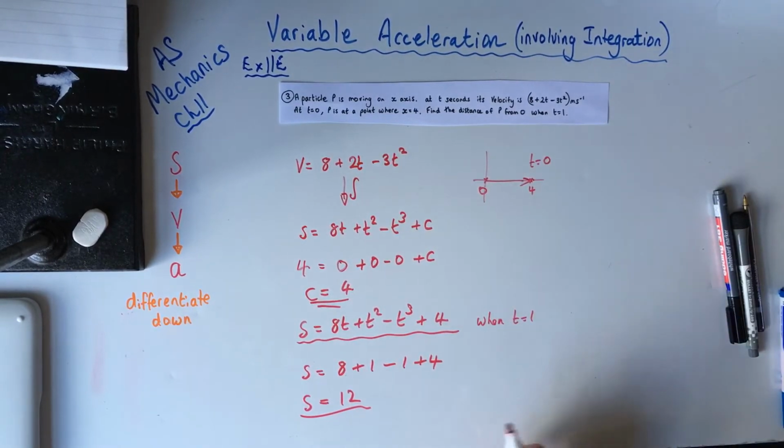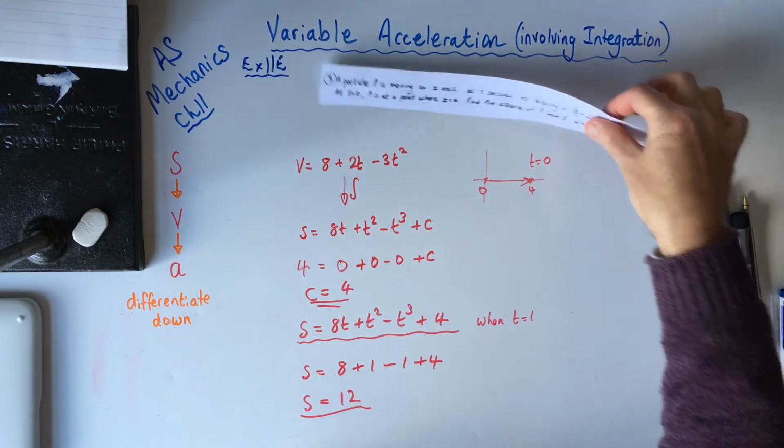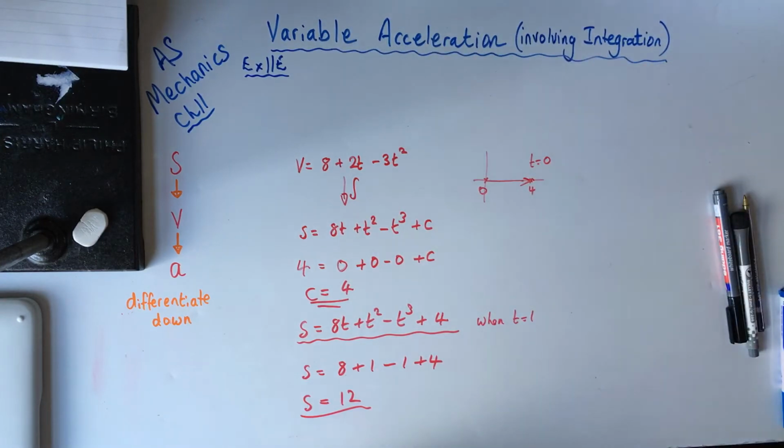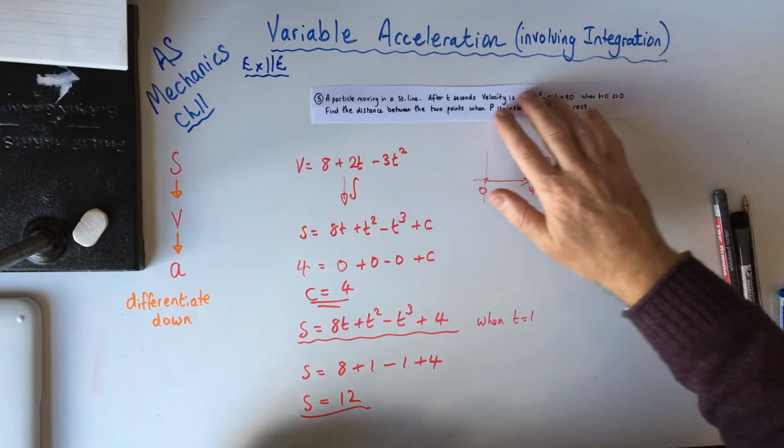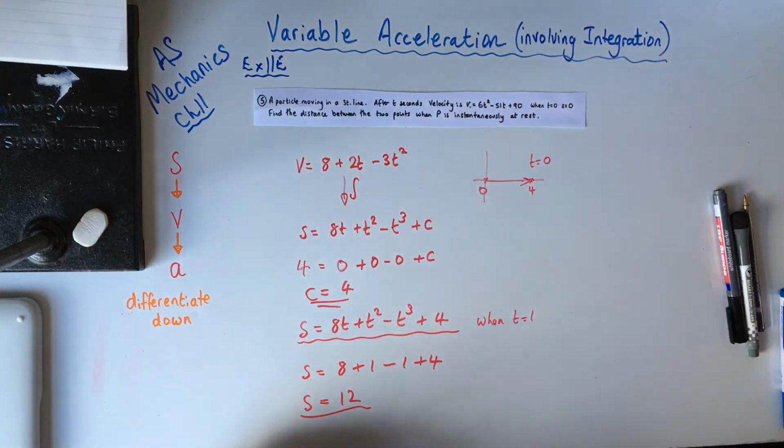So 12 units, or 12 meters if it was in meters. All right, that's that one. Again, do put these on pause and have a go at them first, before you see me do them. That's number 3. Here we go, number 5.